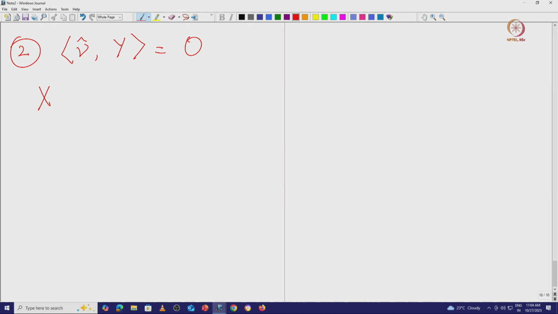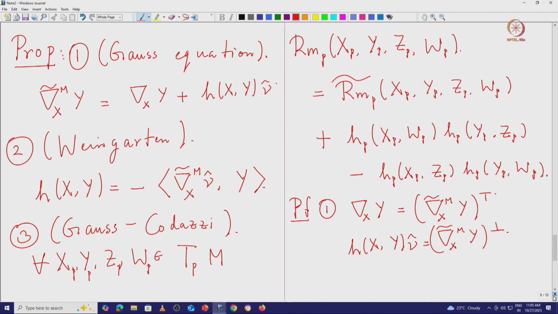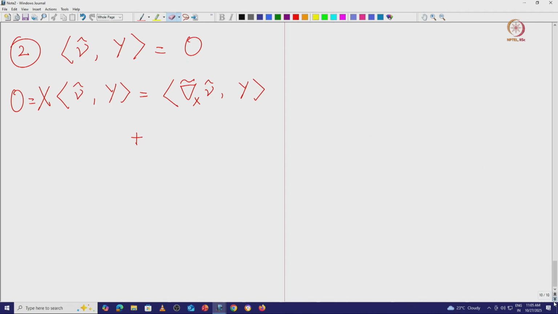So, if you differentiate this inner product in the direction of x, that is also going to be 0, but by the fact that these are metric connections, this is simply, in the statement this should not be M, because nu hat is not a vector field on M, it is one of these restricted vector fields, right.